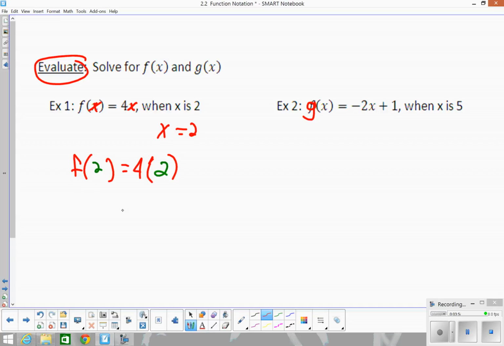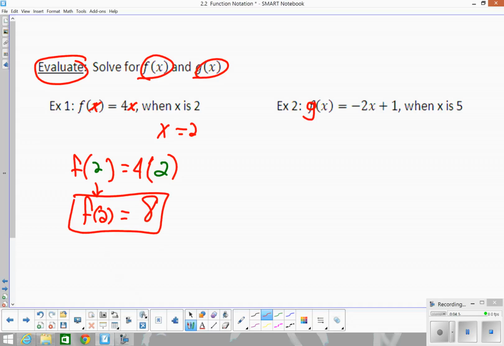All you have to do is simplify the right side when I'm solving for f of x or g of x. 4 times 2 is 8. Now my right side is simplified, so I bring down my notation, which is f of 2, and that's my final answer. So all I'm saying is when x is 2, my output is 8. That's all you're saying.